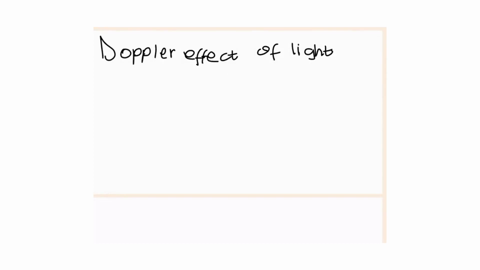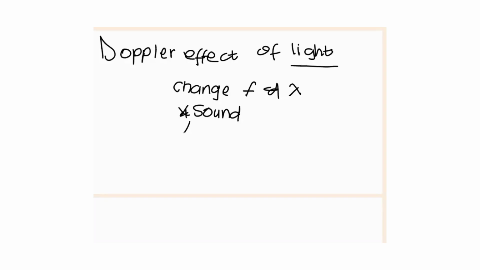Okay, so now that we have covered the Doppler effect under sound, the next thing that I want us to look at is the Doppler effect of light. So what we say, guys, is that in order for you to be able to see that there is a change in frequency or change in wavelength, that can be seen through, firstly, sound, which is the one that we have covered above, and then we can also see that through light, because sound and light both travel through the medium, or they both travel like in the space, in the air.